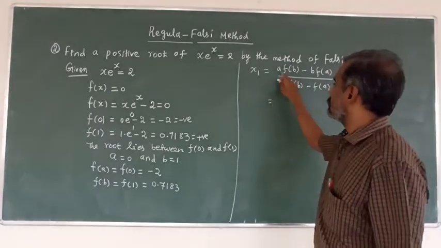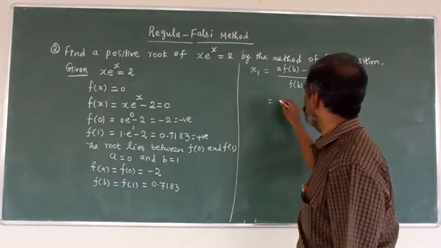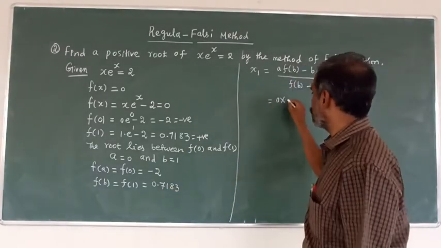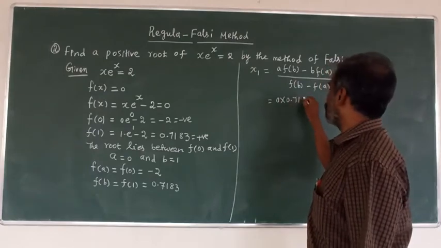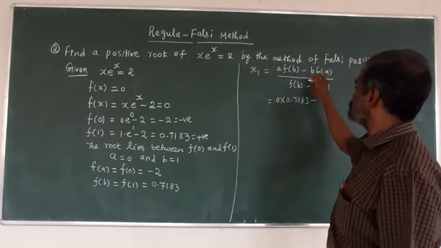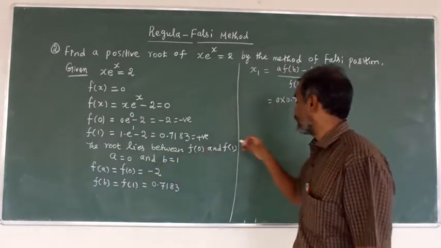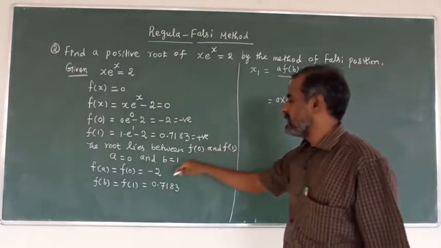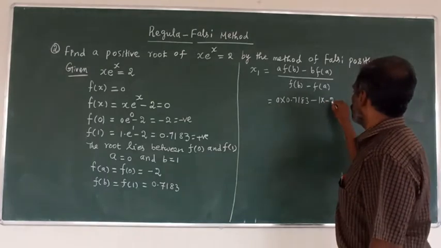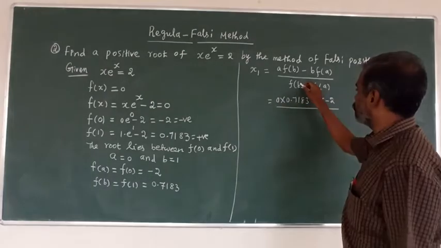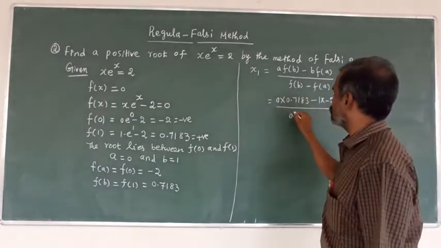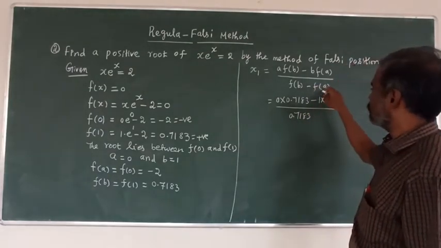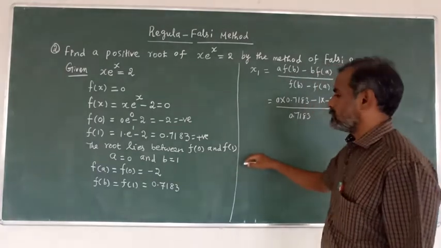First, a value 0 times f(b) value 0.7183, minus b value 1 times f(a) value -2, divided by f(b) value 0.7183 minus f(a) value -2.